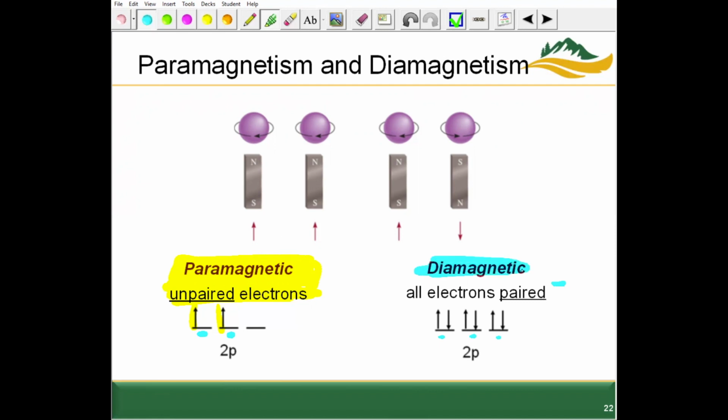Diamagnetic, if an element is diamagnetic, that means all electrons are paired within that element. If we completely fill up the 2p subshell, for example, then that is diamagnetic. We have 6 electrons, they're all paired. If, however, we only had 2 electrons in the 2p subshell, then those 2 electrons are going to be unpaired, leaving this to be paramagnetic. So para, unpaired, dia, all paired.